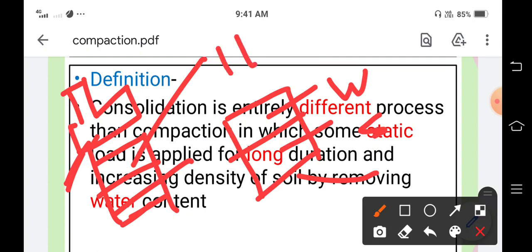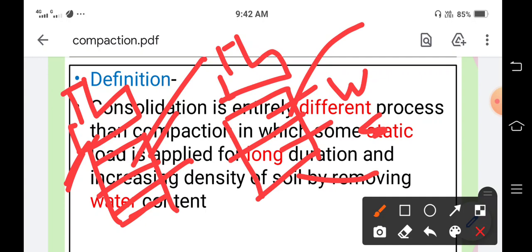Here we apply a steady, constant load for a long duration, and we expel the water, whereas in compaction we expel the air.